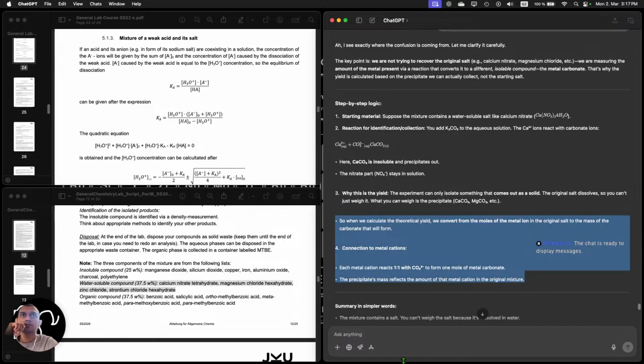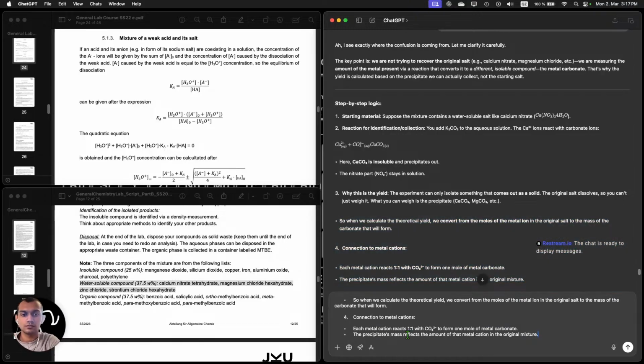So, can you do this calculation with an example?